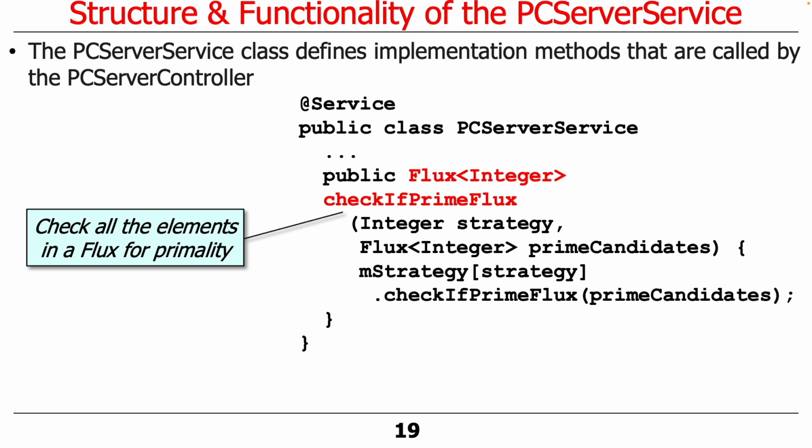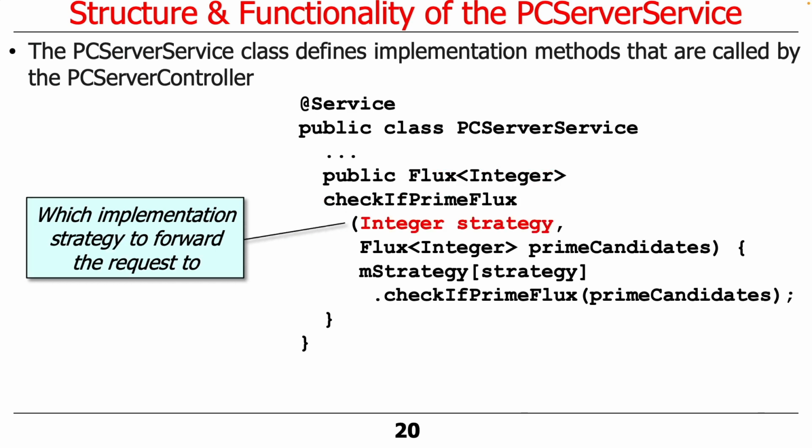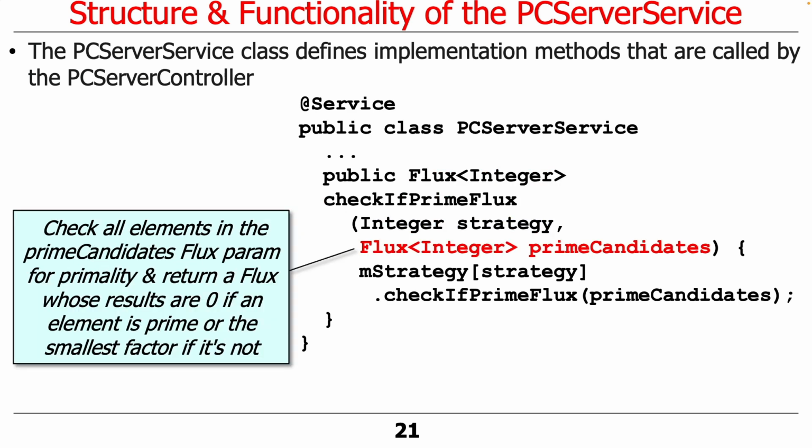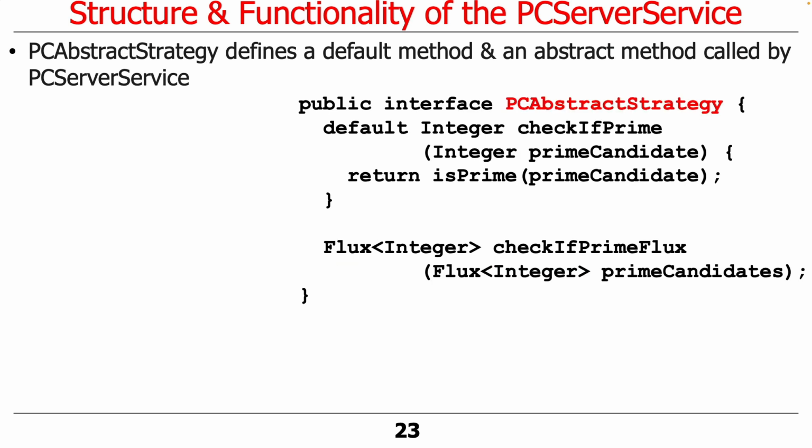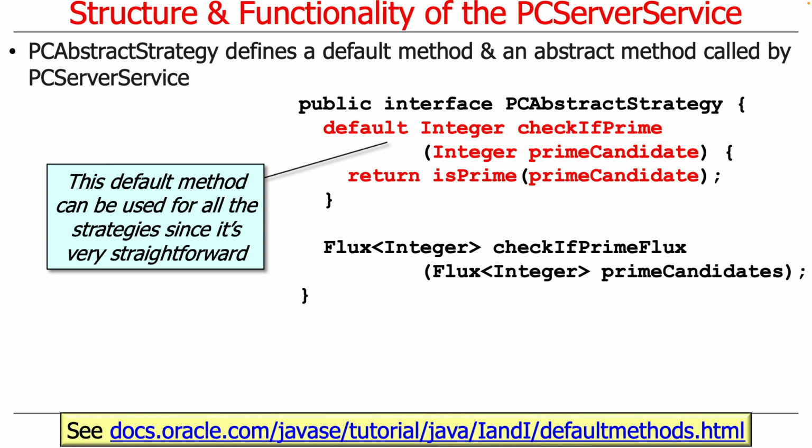This is a more interesting method. This is the one that's going to check if a flux is prime. It takes the strategy and the flux, and then it goes ahead and forwards to the appropriate implementation method. Speaking of the implementation methods, here is the PCAbstractStrategy interface. As you can see, it's got a default implementation. Default implementations are a feature that was added in Java 8.